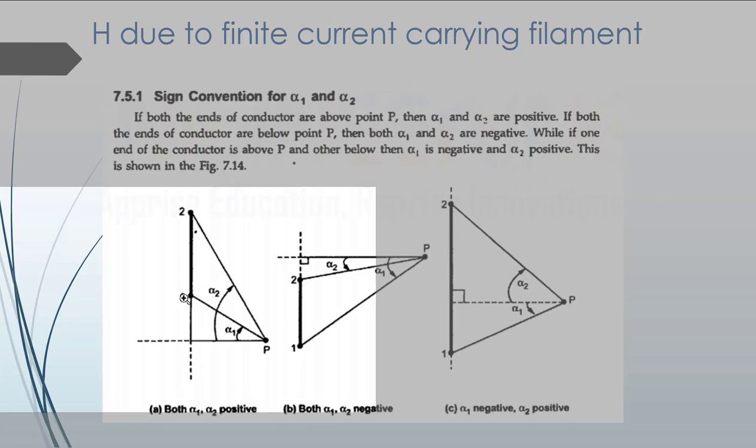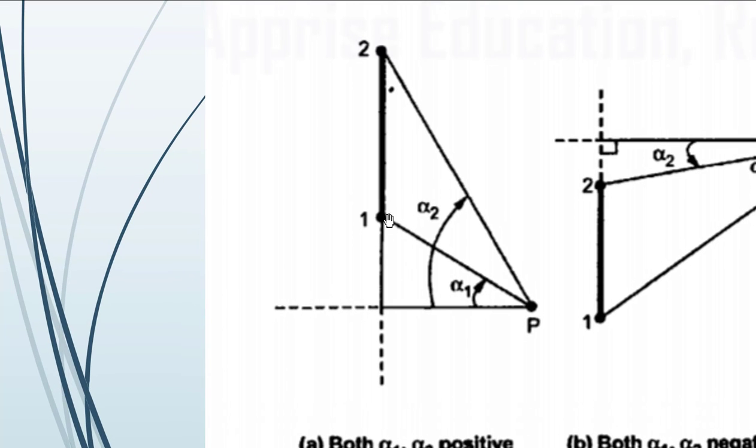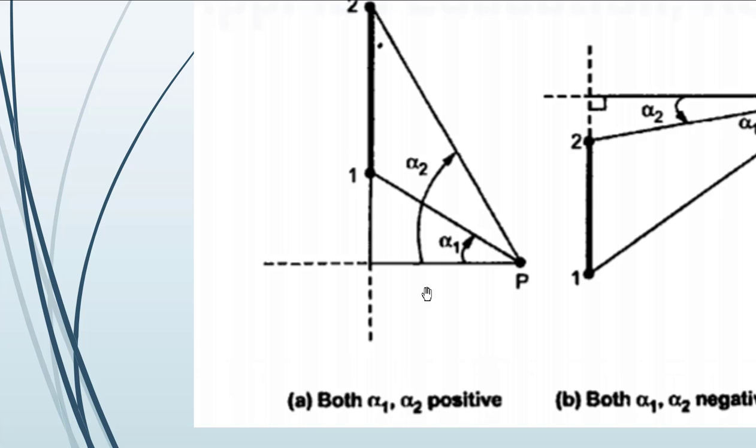Because alpha 1 is the angle made by point 1 with point P, and alpha 2 is the angle made by the second end of the filament with point P. In both cases, the filament is above the xy plane, and these alpha 1 and alpha 2 both are considered positive.